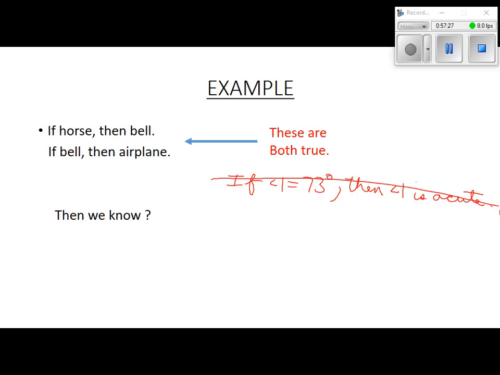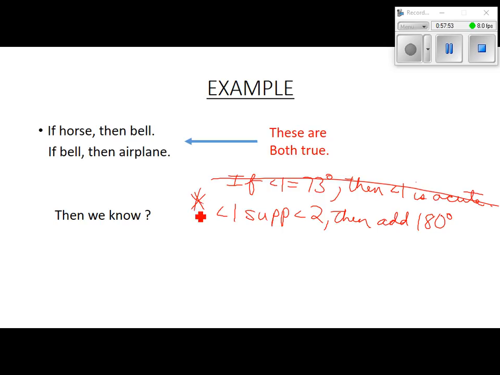If angle 1 is part of a supplementary pair, so if we say angle 1 is supplementary to angle 2, then they add up to 180. So that's our first statement. And that's a true statement, right?